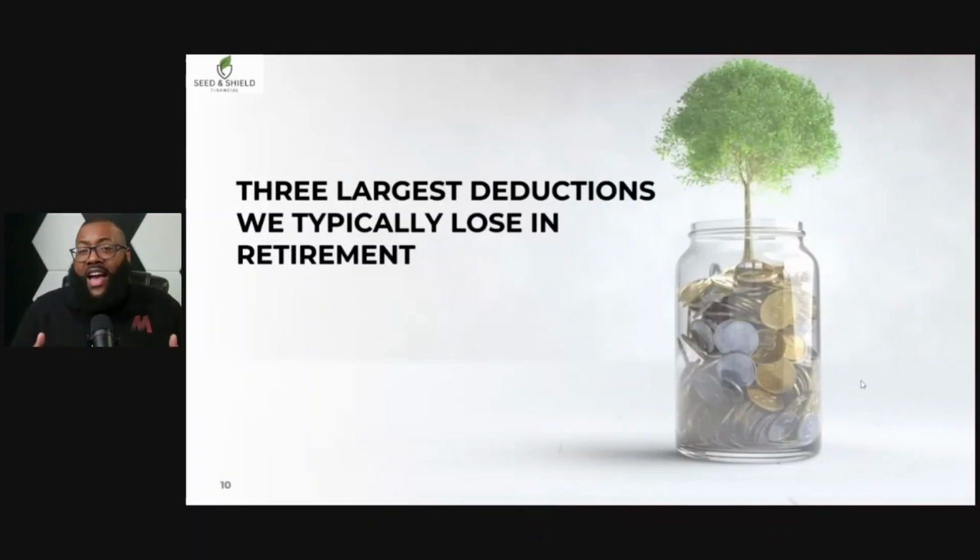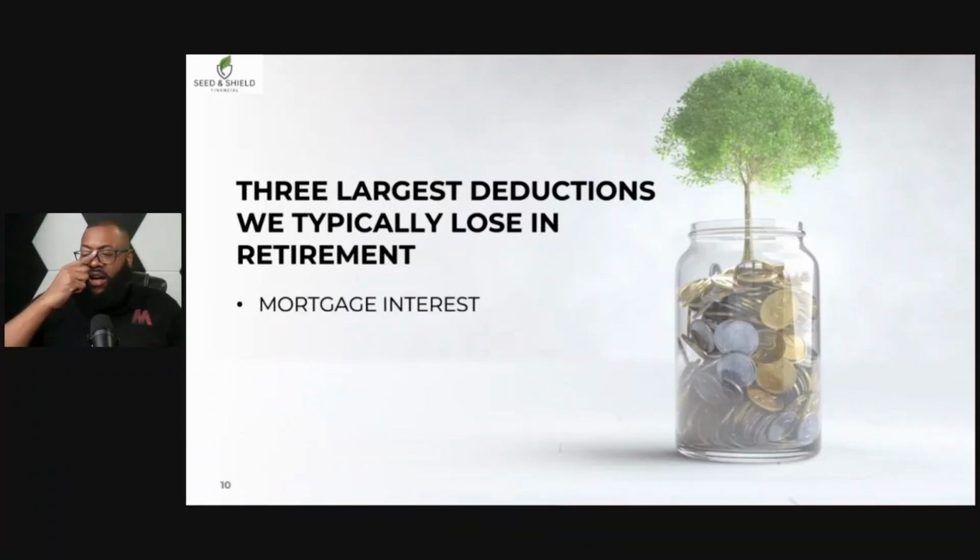The last way that they impact us from a tax perspective is that they tackle our deductions, right? And what people don't understand is that even though there's this notion that your taxable income is lower when you retire, it's really not true.